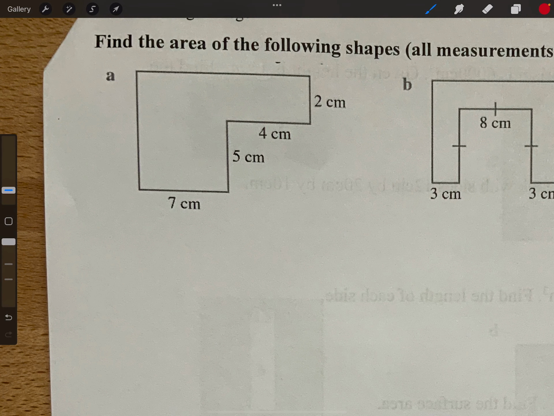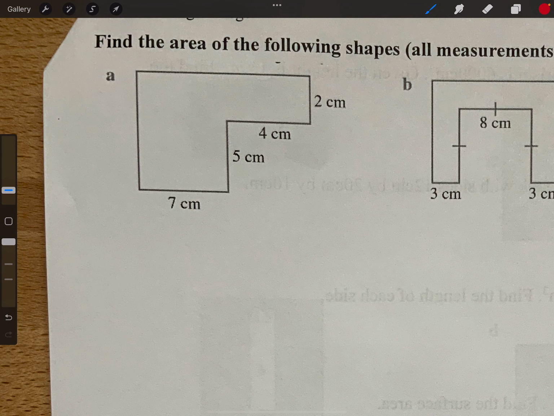So we have two areas, so I'll call this area 1 and area 2. Area 1 is equal to 7 times 7, which equals 49. Area 2 is equal to 2 times 4, which equals 8.